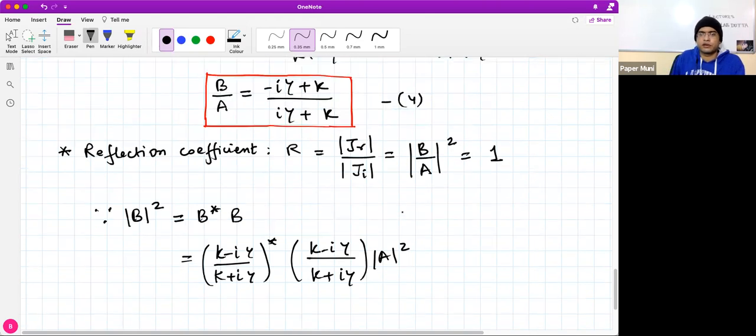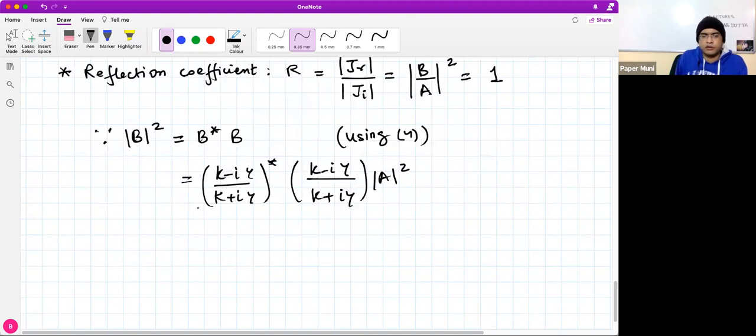We are using relation 4. If we do this calculation, if you take the conjugate, this will become plus, this will become minus. Each of them cancels each other, so the mod square of b is equal to mod square of a, which is also giving you 1.